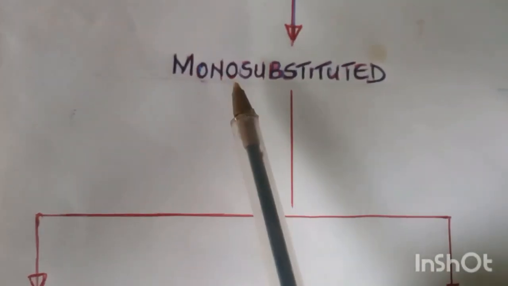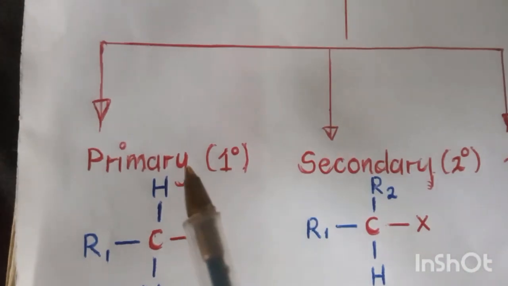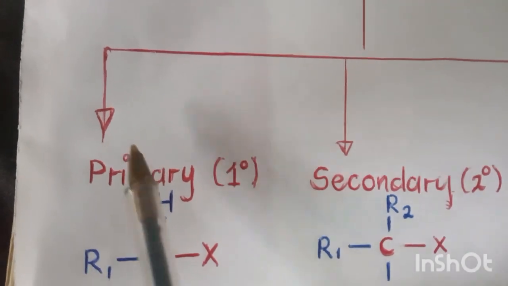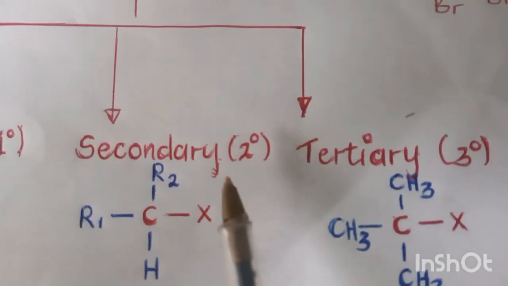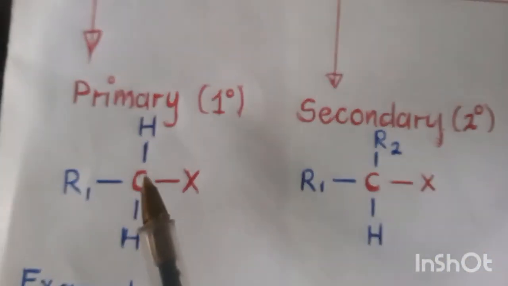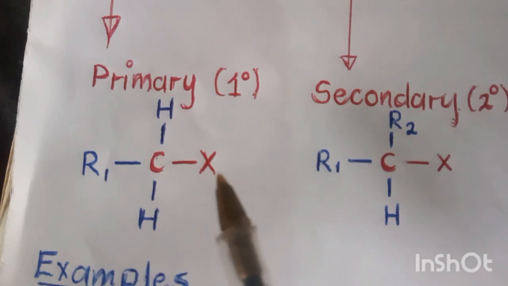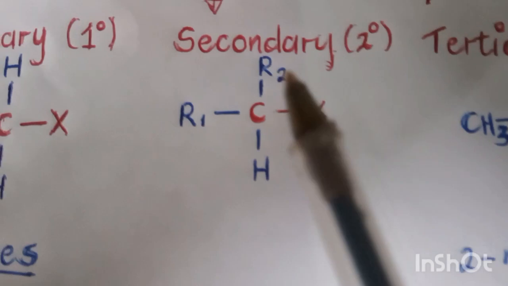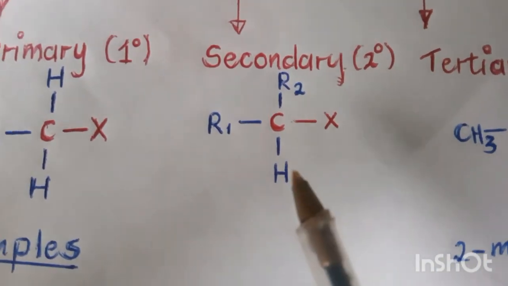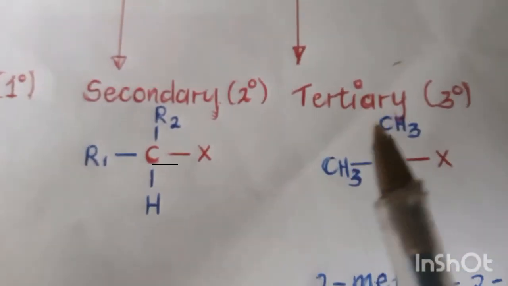The monosubstituted ones are further divided into primary, secondary and tertiary haloalkanes, and their difference is in the number of hydrogen atoms or alkyl groups bonded to the carbon atom directly bonded to the halogen atom. If there are two hydrogen atoms or one alkyl, that is the primary. If there are two alkyl and one hydrogen, that is a secondary. And if there's no hydrogen and three alkyl groups, that is a tertiary.